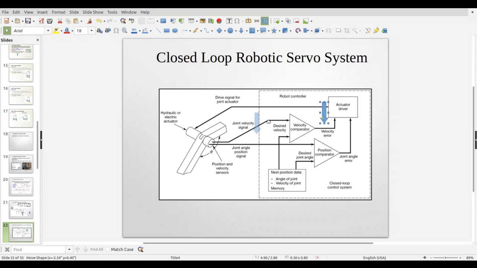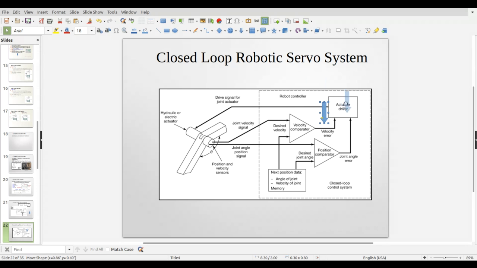We have the actual velocity, and then we have the set point where we want it to be. And then this is the summing junction for the angle. So we have our set point angle where we want it to be, and we have our actual where it's currently at. And like I say, this whole thing is inside the robot controller.